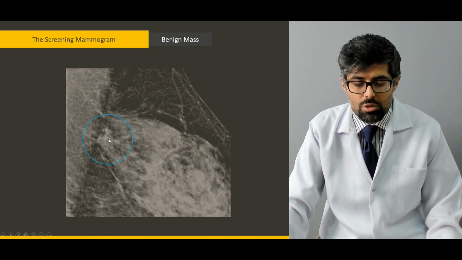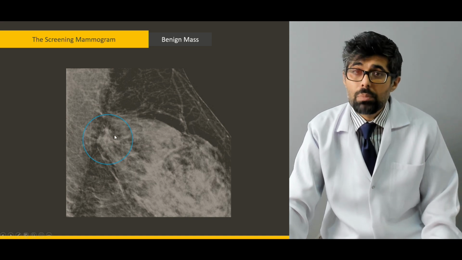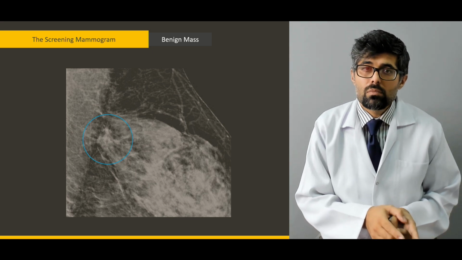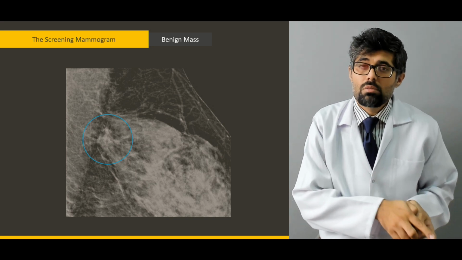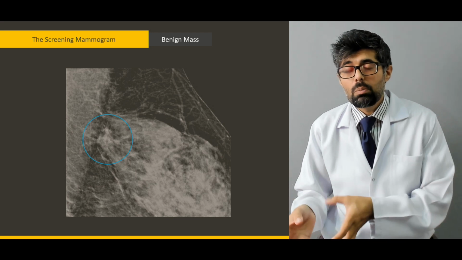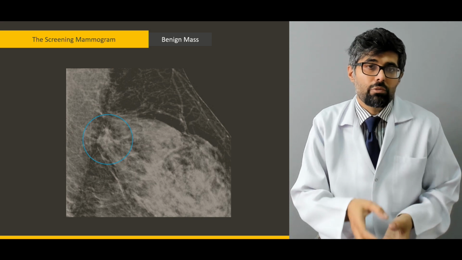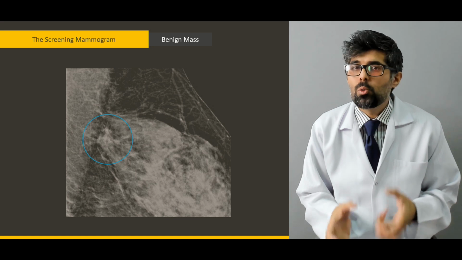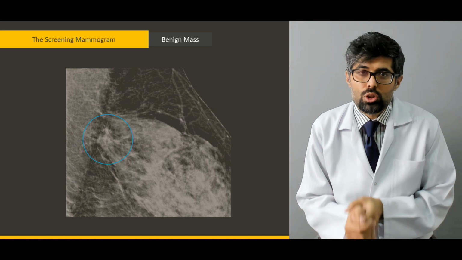Such masses which are present on a mammogram but are not palpable must always be assessed concurrently, so that with palpation you can find out that it is not a regular mass, and with the mammogram you can find out that it is just superimposition of the fibronodular tissue. So it is not a true mass, it's just an artifact.